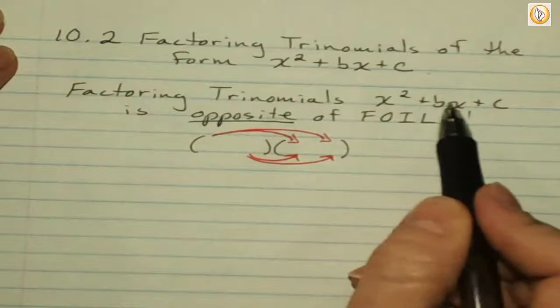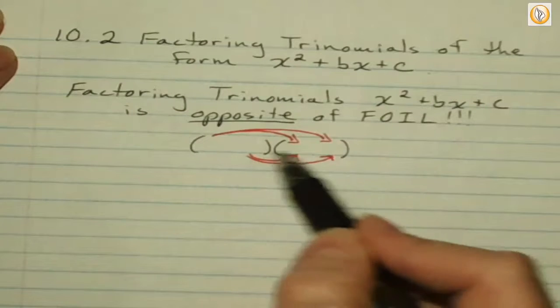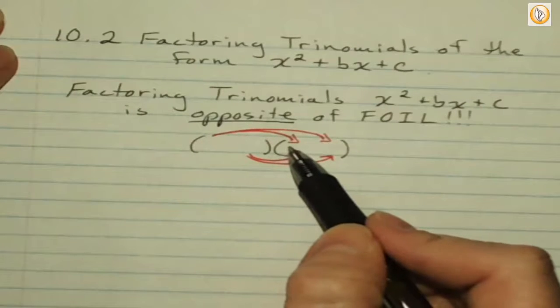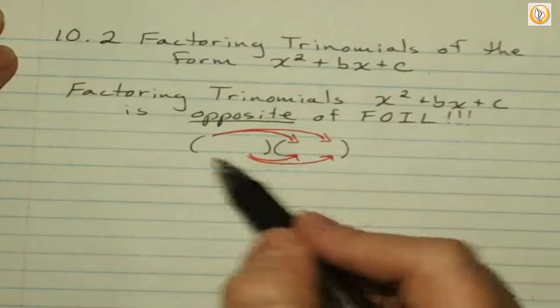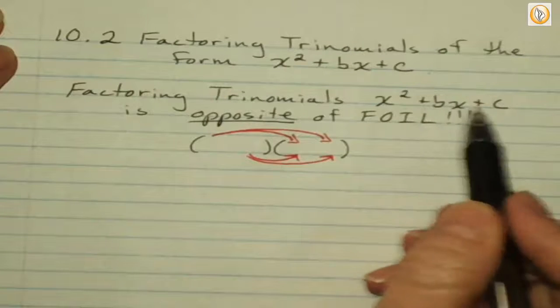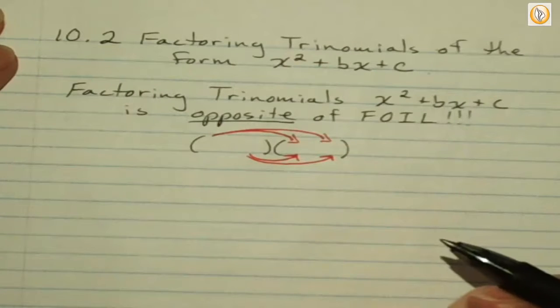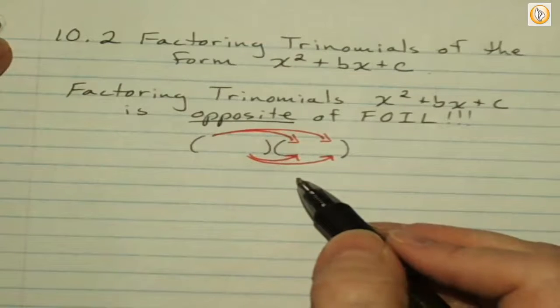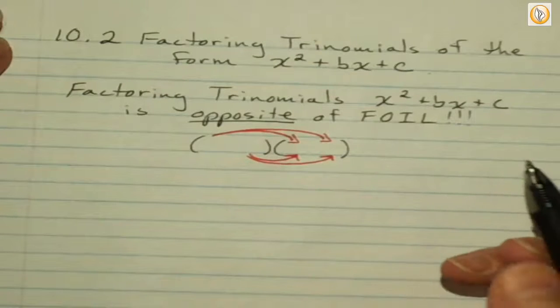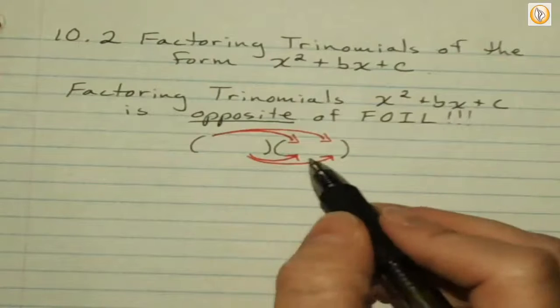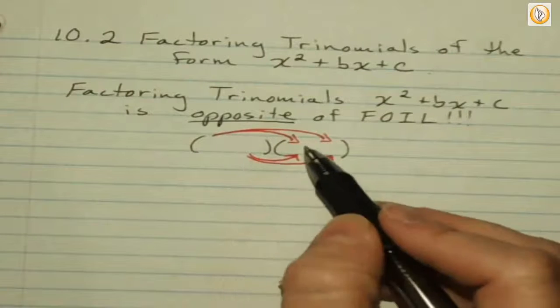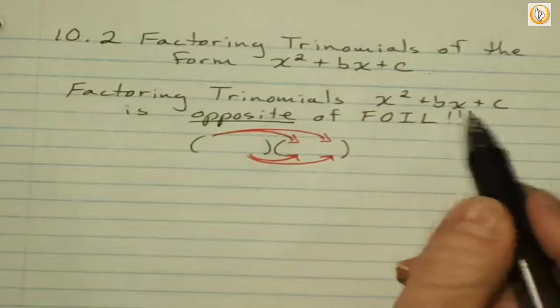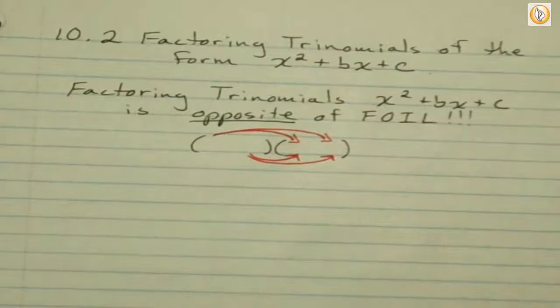Now you're going to be given this, and you got to take it to this step. So it's an easy way of checking it. You just do FOIL and see if you get the same thing. You would think. But I have students that will give me this, not bother to check, so it's wrong, or they'll give me this and still check it and still somehow get the wrong answer. So you really got to pay attention to what you're doing.